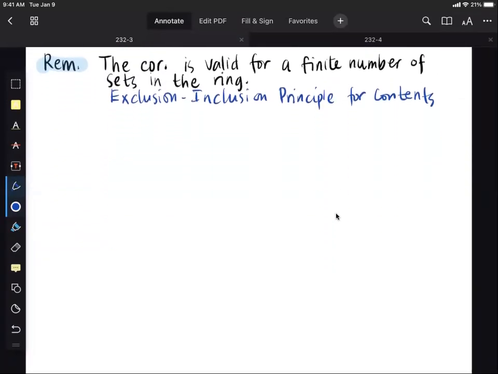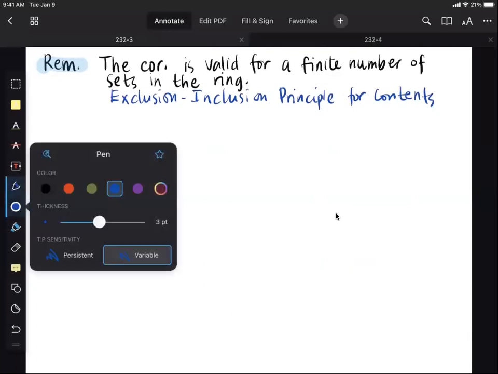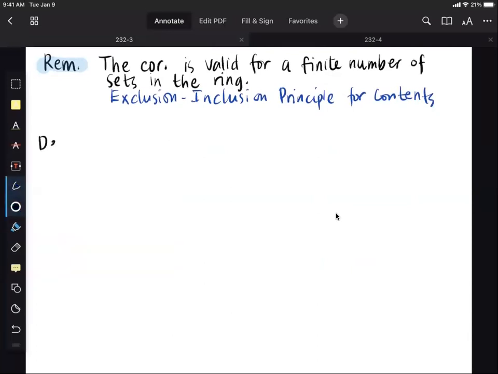So before we proceed in considering contents and premeasures, let us consider the following definition.